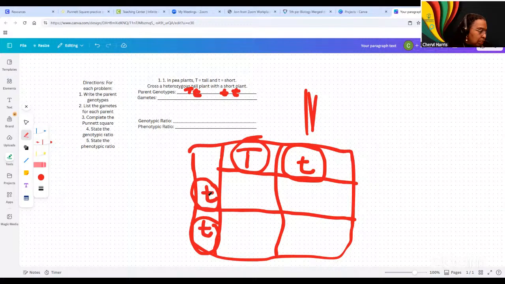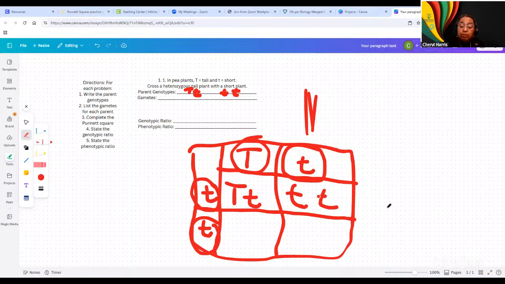This one gamete can combine with this gamete, and we show fertilization by putting them in the box. So we put that big T with this little t, and that's one possibility. When we talk about ratios, we're looking at the possibilities. In this next box, we have a short t and a short t over here, so these gametes are going to form two short t's.